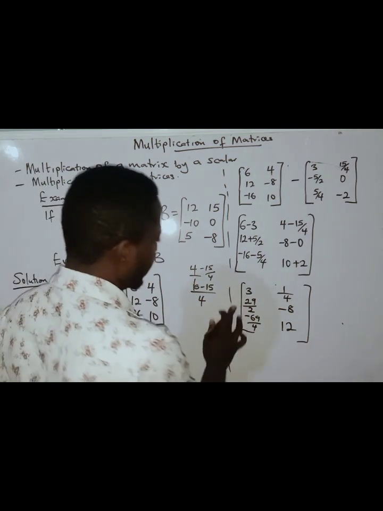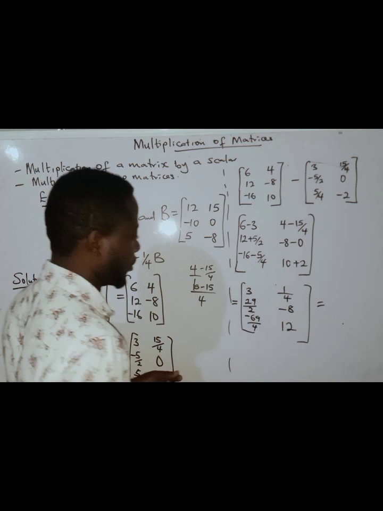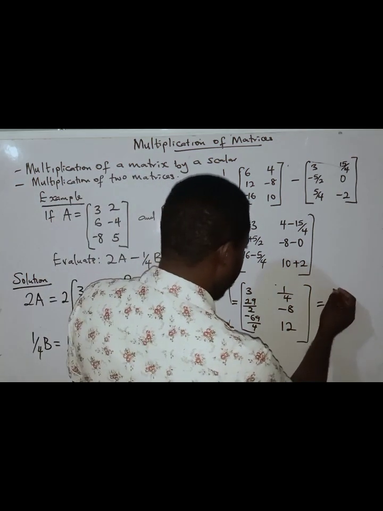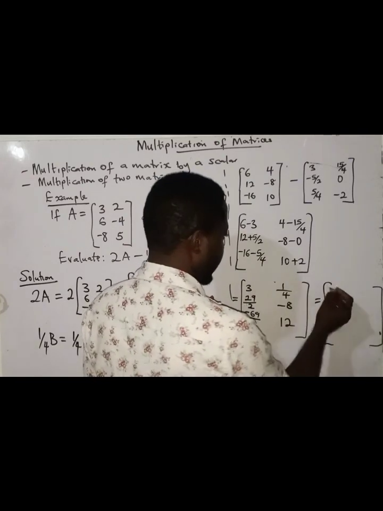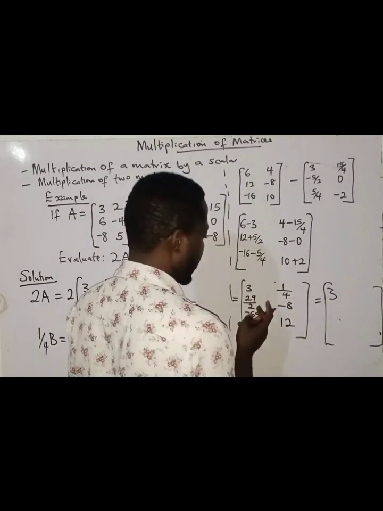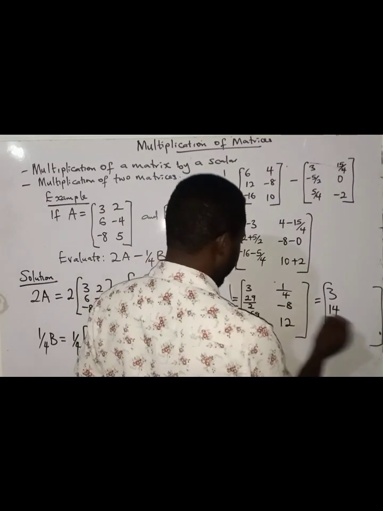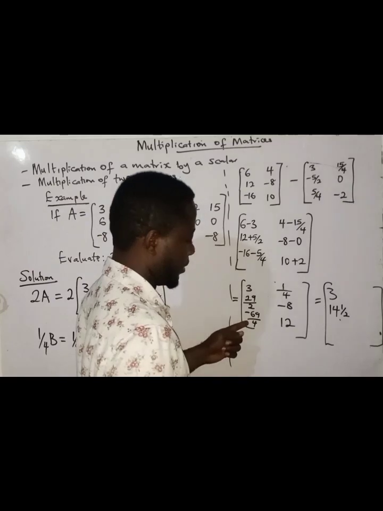Now, we can change these from improper fractions to mixed fractions. 29 divided by 2: 2 times 14 is 28. So that means I'm going to have 14 whole number, 1 over 2. And 4 times 17 is 68.